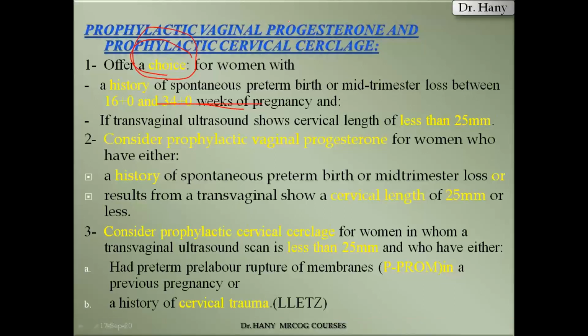If a woman came to you with a history of preterm labor and the scan now shows a low cervix, less than 25, I will offer her the choice between either vaginal progesterone or cervical cerclage. If she has only one of these, a history of preterm labor or the cervical length now.